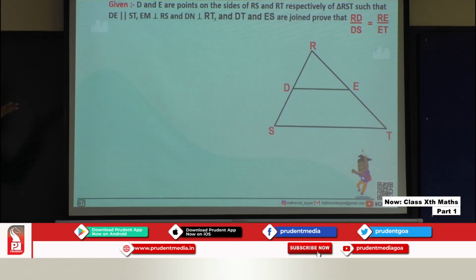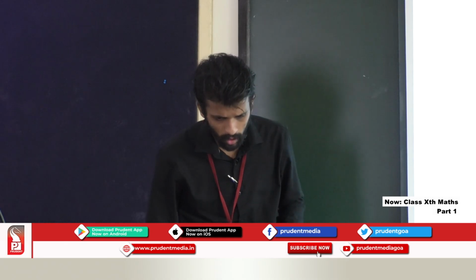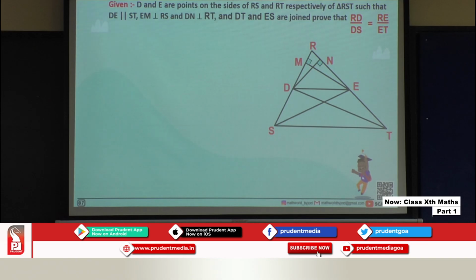Now the point M is not shown over there, so let's draw that point M. So I have EM perpendicular to RS, DN perpendicular to RT, and DT and ES are joined together. So now this would become something like this.